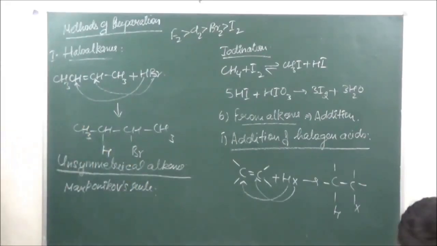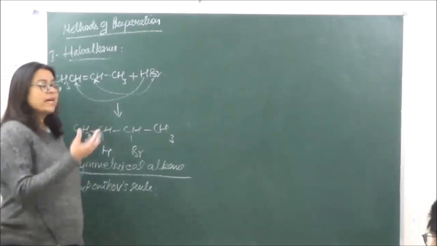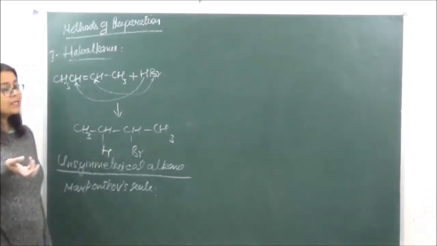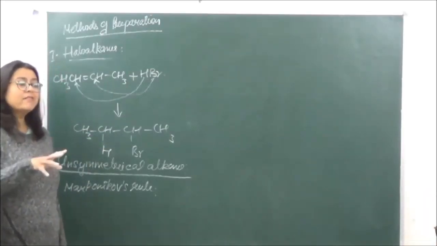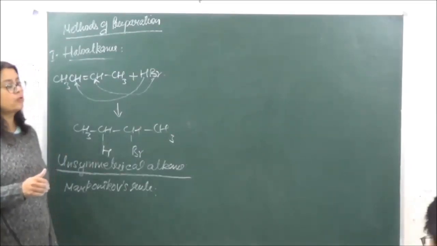Markovnikov's rule states that whenever addition of halogen acids takes place along unsymmetrical alkenes, then the negative part will go and attack at the carbon atom with lesser number of hydrogens. ठीक है?